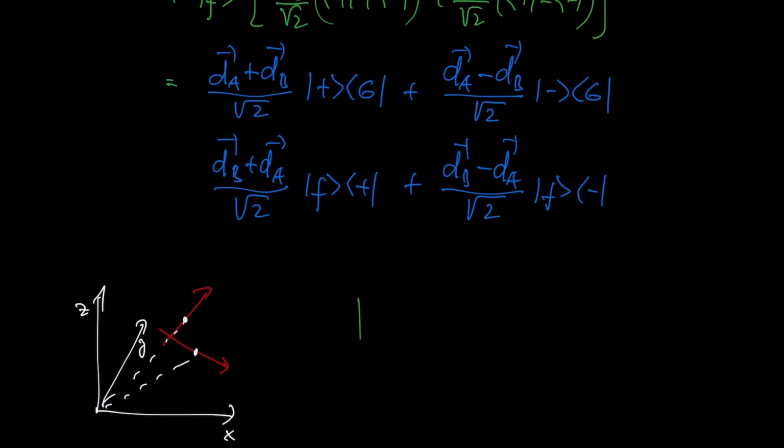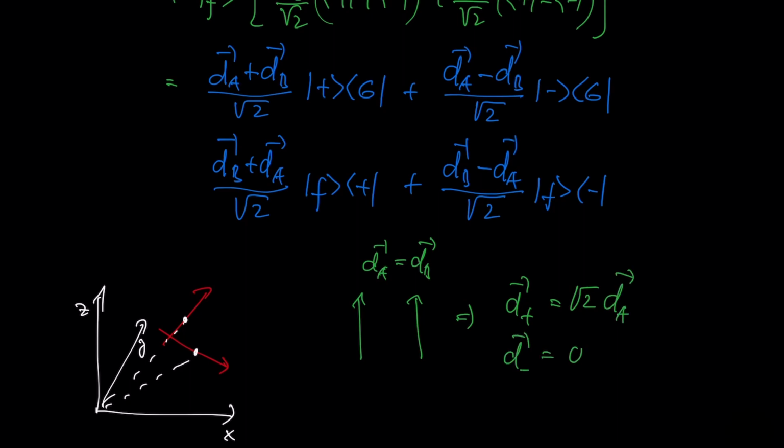There might be very special situations, for instance when dA equals dB, in which case we have d plus, which would be square root of 2 dA if we choose, for instance, and d minus would be 0.